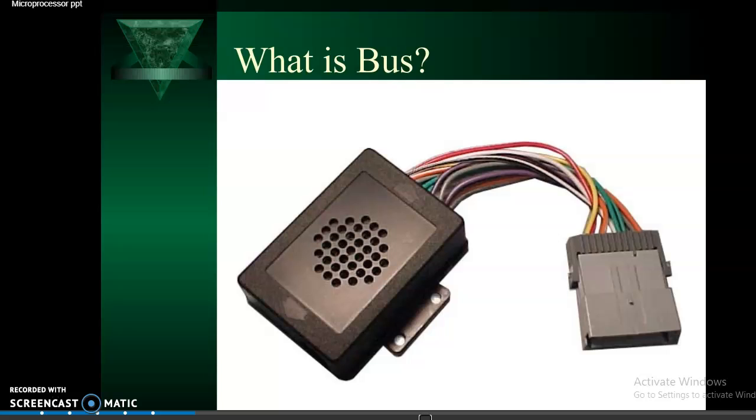This wire is called the bus, because it carries data from one port to another port. In our life, we travel in a bus to another place, because you have to see your friends, or go to college. Like that, in the CPU, buses are wires, nothing else. They are used to carry data from one port to another port.